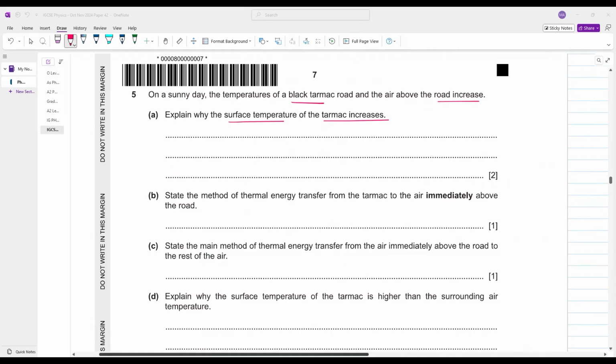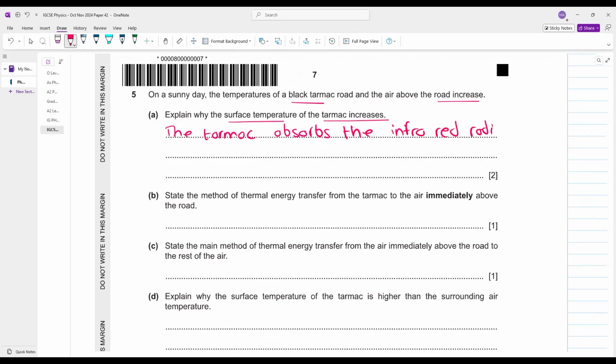Because the tarmac absorbs infrared radiation from the sun and hence its temperature increases. Simple as that, nothing complicated, easy peasy, lemon squeezy.